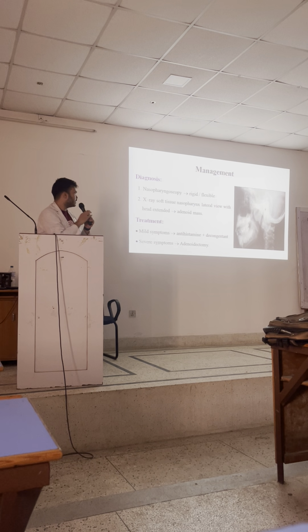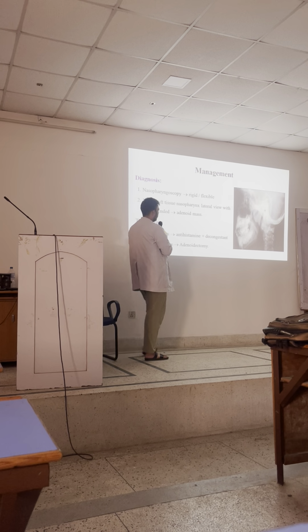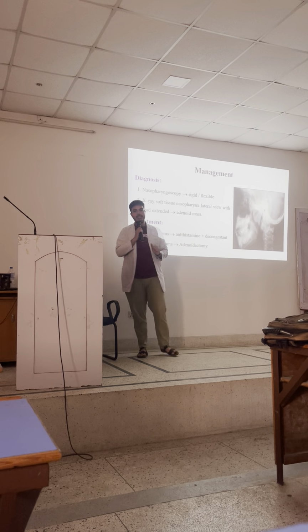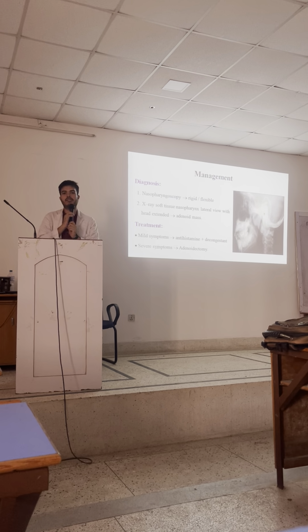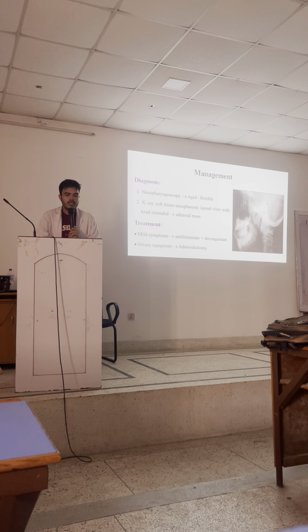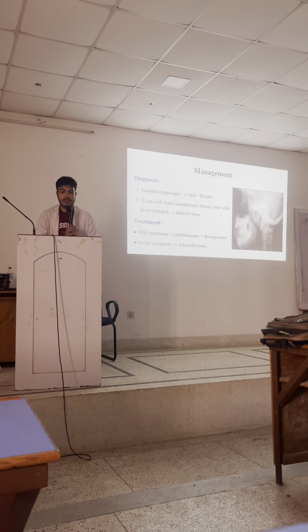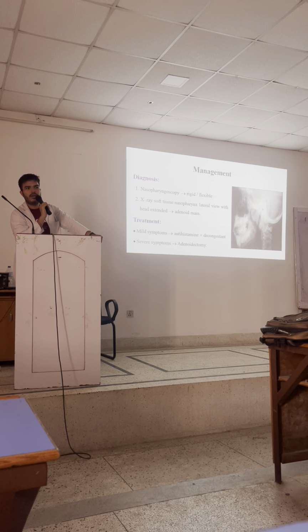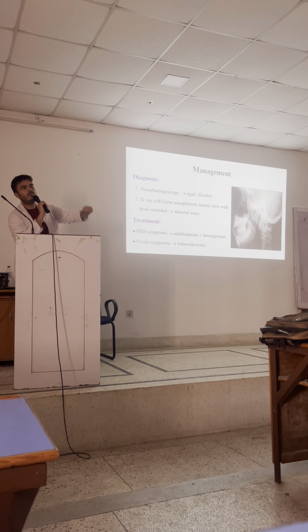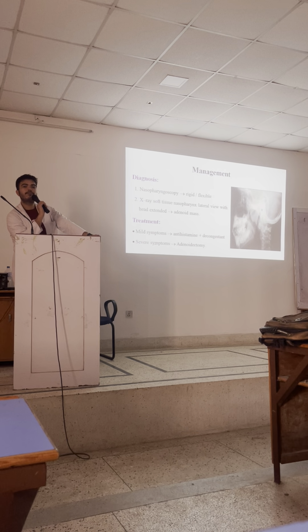First of all, I told you, for mild symptoms, you just give antihistamines and decongestants. First we'll try with medical management, with intranasal steroids. If that doesn't work, then we have to go for adenoidectomy. And if it is complicated, like sleep apnea is there and there is a problem with breathing, we have to go for surgery.